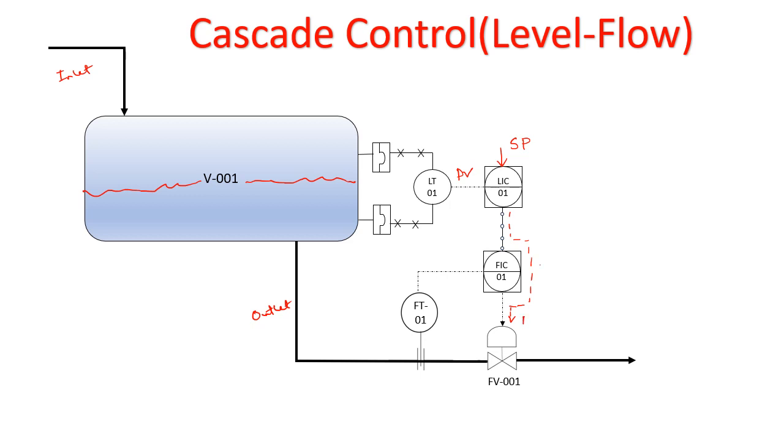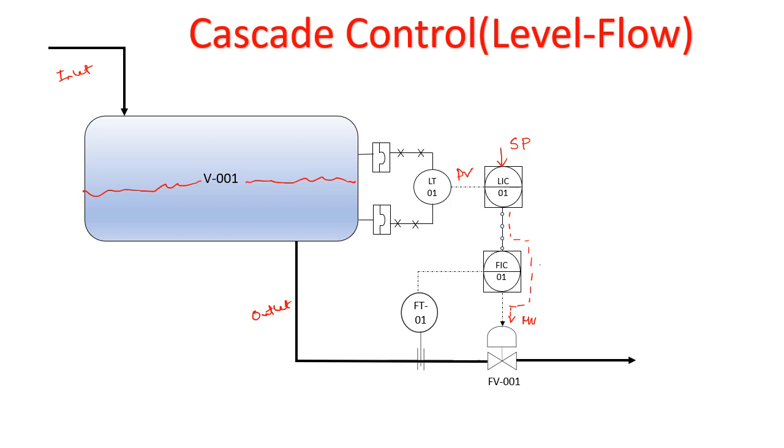This will be MV. So whenever the level increases or decreases, accordingly PV changes and the MV will change, and that will control this valve, right? And that is how a simple process control works, and that's quite fine in most of the cases, right?